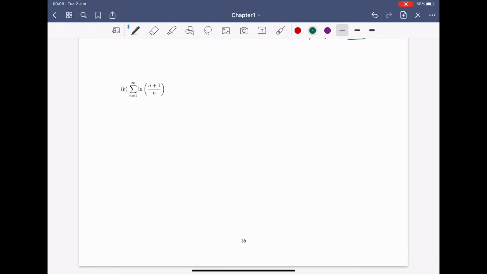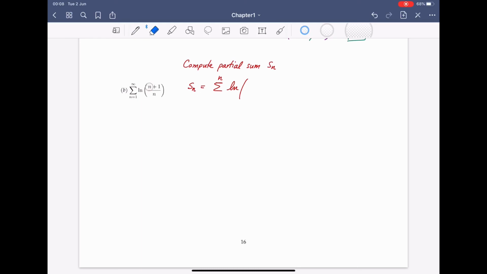Alright, so let's do another question: the summation of logarithm of n plus 1 over n from 1 to infinity. Again, I'm going to compute the partial sum Sn first. So Sn equals the summation of log, well, instead of using n again, because I'm going to set n to be my fixed number, I'm going to switch n to k. So k from 1 to n.